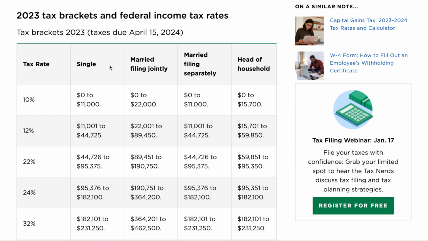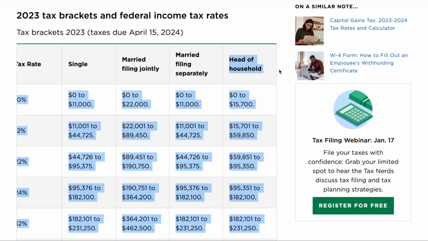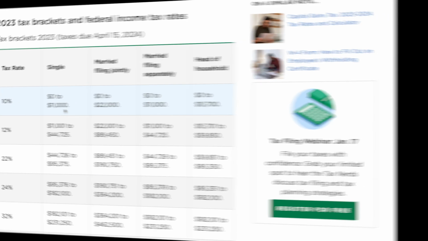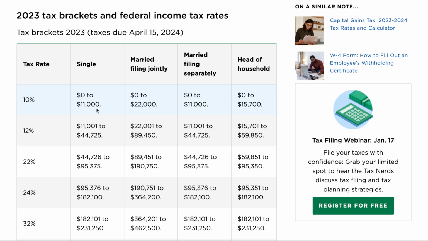So you can file taxes single, married filing jointly, married filing separately, and head of household. With that, you see that the tax rate is 10% for whoever is single and has income from $0 to $11,000. If you're filing married jointly for taxable income 0 through $22,000, the tax bracket is 10%.